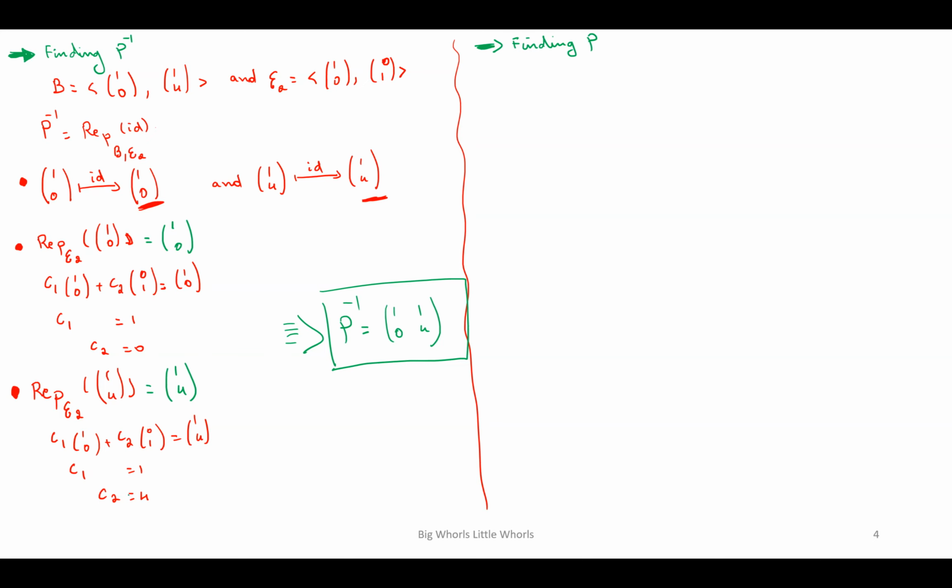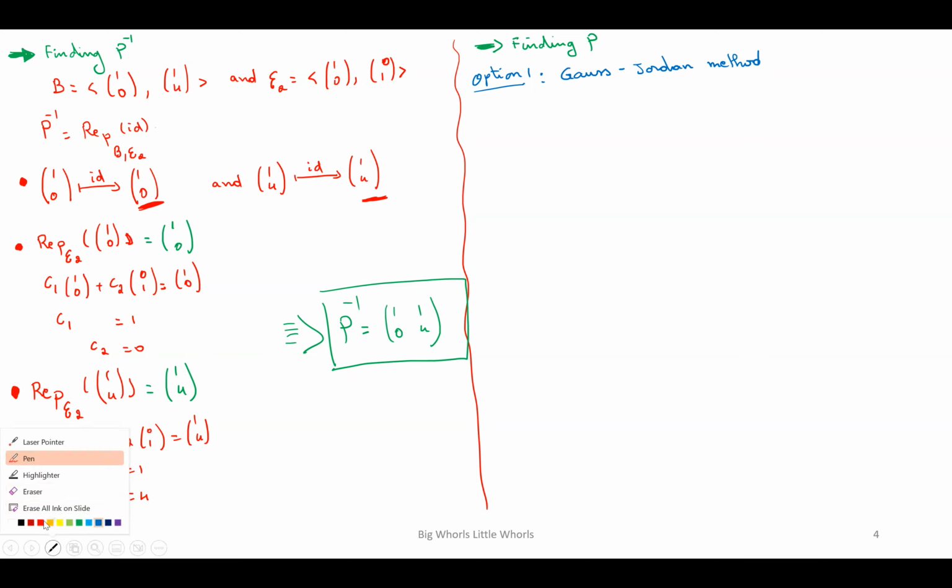So let me go for the first option. Let's say option one, using the Gauss-Jordan method. Okay, so how do we do that? We write the matrix as an augmented matrix.